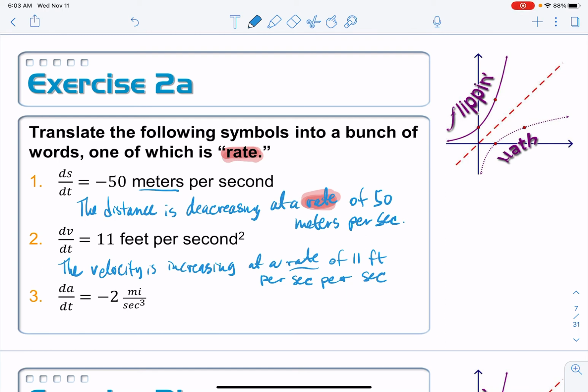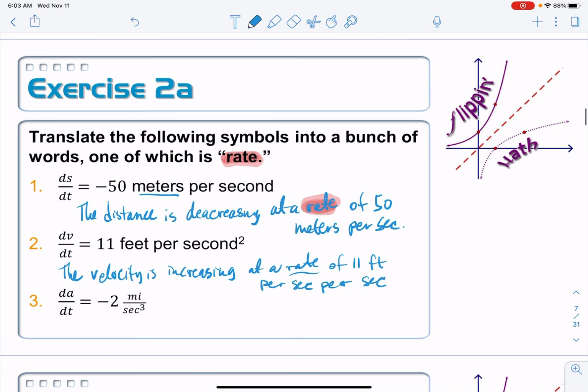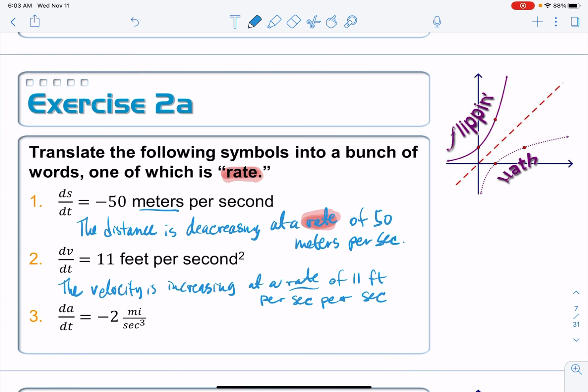All right, and then the last one that's on this page before I turn it over to you to try a couple of them. dA/dt is equal to a negative 2 mi, I'm thinking that's miles, and seconds cubed. So what is the A in this case? I do believe that is the acceleration.